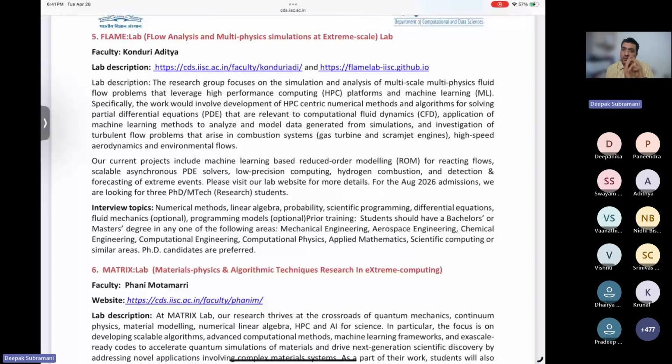We speak the language of that domain. We speak the language of the computation, the HPC, and we speak the language of AI and machine learning, the scientific machine learning. So today, to be successful, you have to be multifaceted, interdisciplinary.